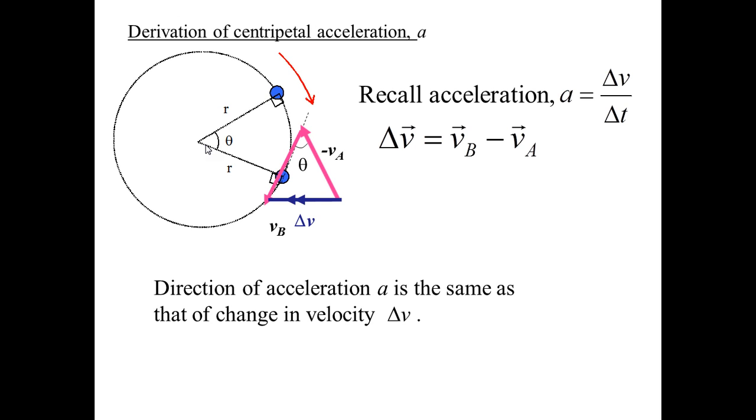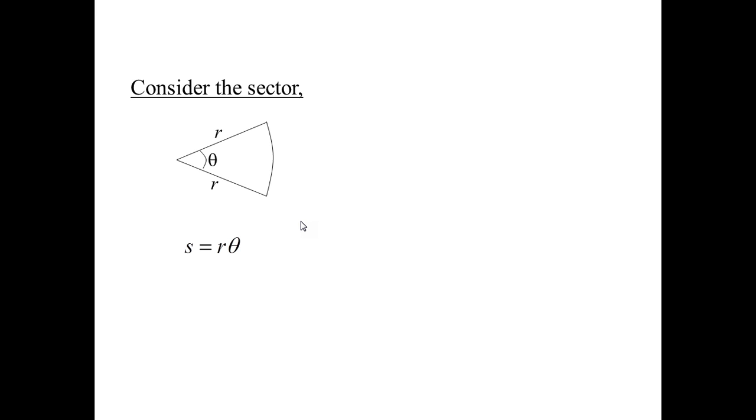The direction of the acceleration is the same as the direction of the change in velocity, because a equals delta v over t. So the direction of acceleration is towards the center of the circle, since delta v is towards the center of the circle. Next we are going to derive an expression for the change in velocity.